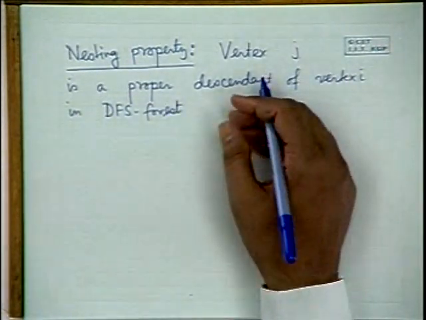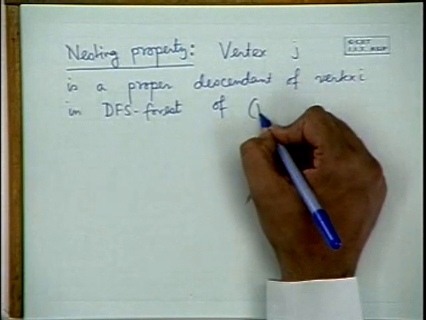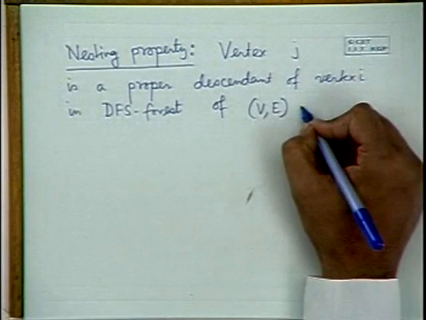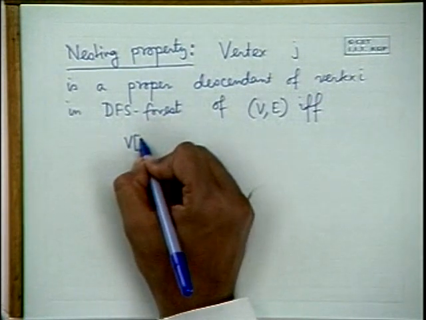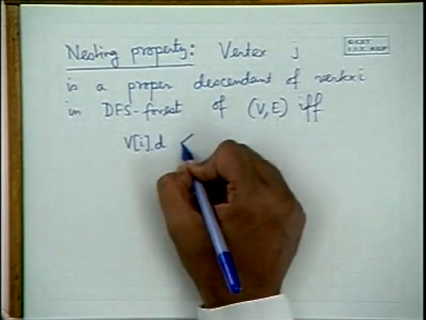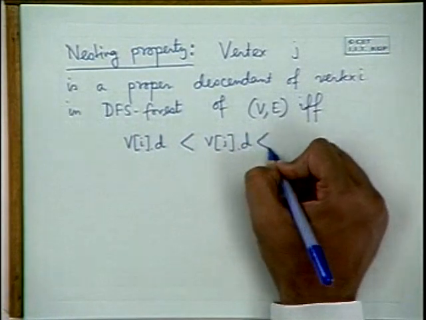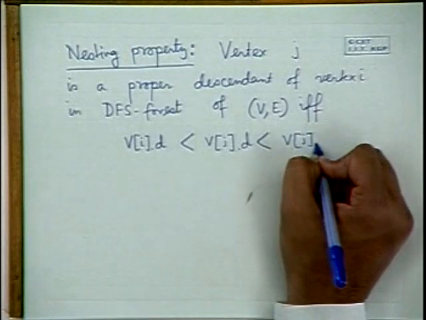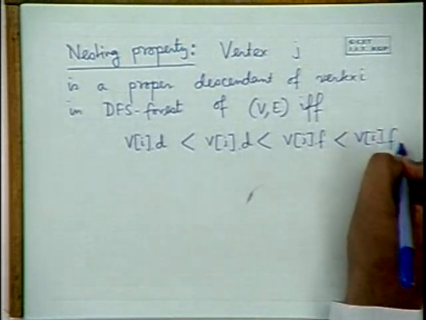DFS forest means the forest we have computed through depth first search of the graph G of V, E if and only if this is true: Vi dot d is less than Vj dot d less than Vj dot f less than Vi dot f.